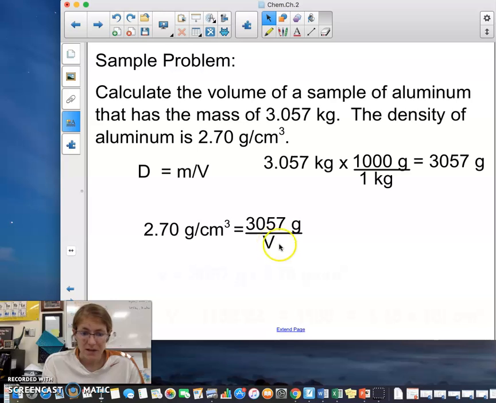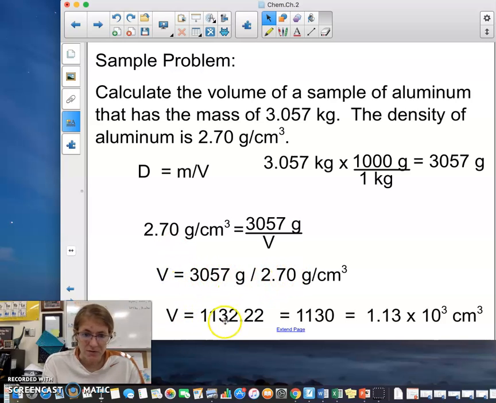To get V by itself, you take both sides times V, the volume. So I take 3,057 grams divided by the density, which is 2.7.